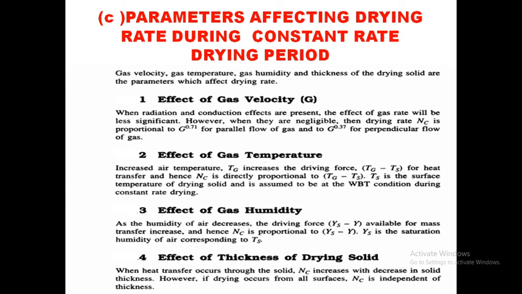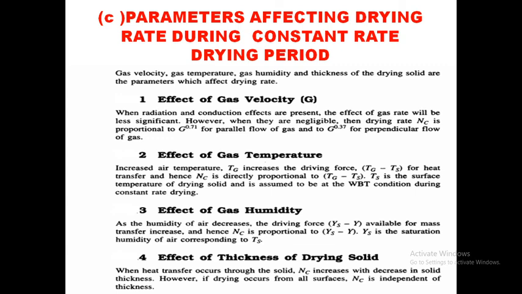Because these are heat transfer modes, the effect of gas rate will be less significant. When they are negligible, the drying rate at constant rate period Nc is directly proportional to G power 0.71 for parallel flow of gas. For perpendicular flow, Nc is directly proportional to G power 0.37.